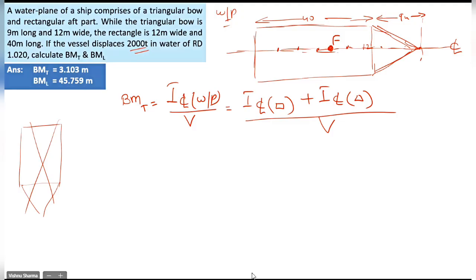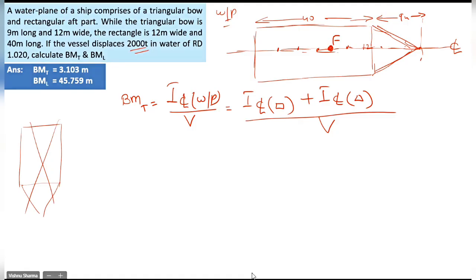Now I'm asking you simple questions, and these questions you'll ask yourself. Is center line a standard axis for moment of inertia of rectangle? Does it pass through the geometric center of the rectangle?